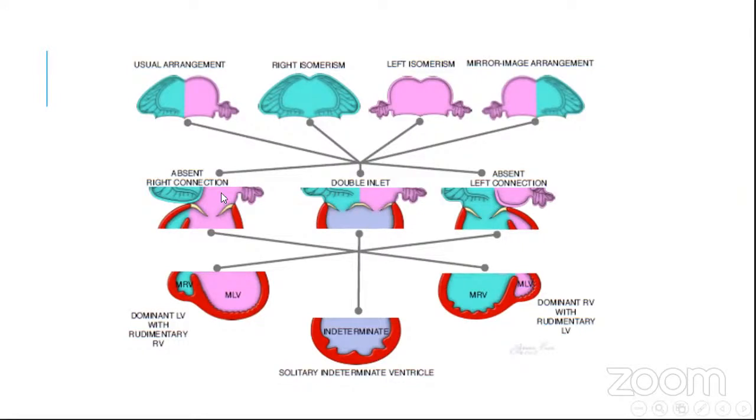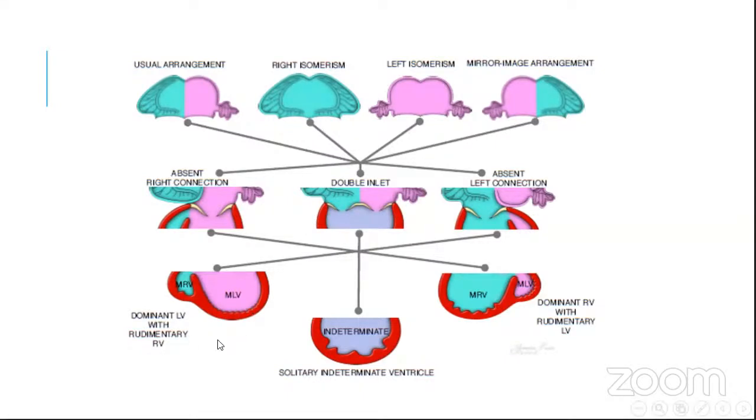We have left dominant ventricle and absence of right connection; we can see the right ventricle is hypoplastic. We have absence of left connection; as we can see here, the right ventricle mainly connects with the atrial junction and there is a hypoplastic left ventricle.